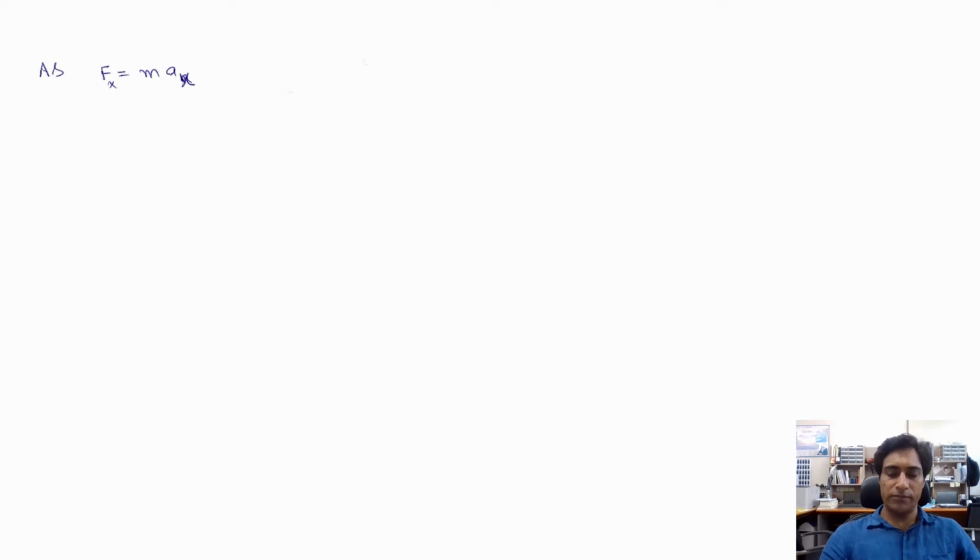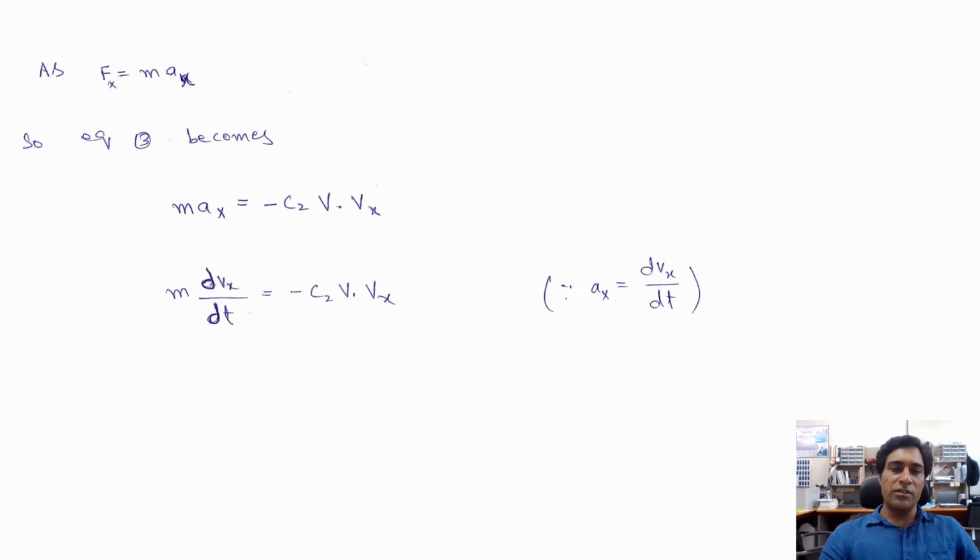As we know that F is equal to ma, so in one dimension Fx is equal to m ax. If we put this value in equation 3, it becomes m ax is equal to minus c2 v vx. Acceleration is equal to dvx over dt, the rate of change of velocity.